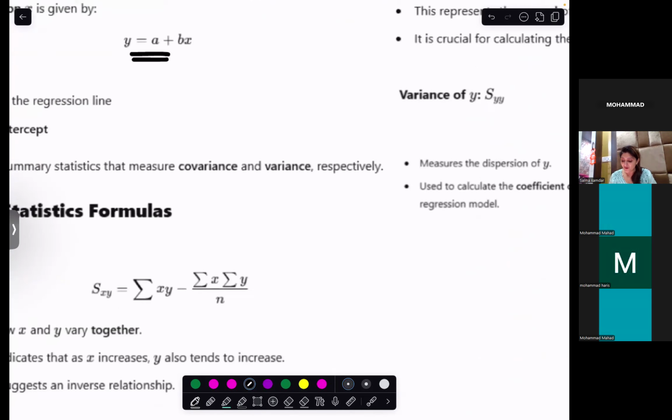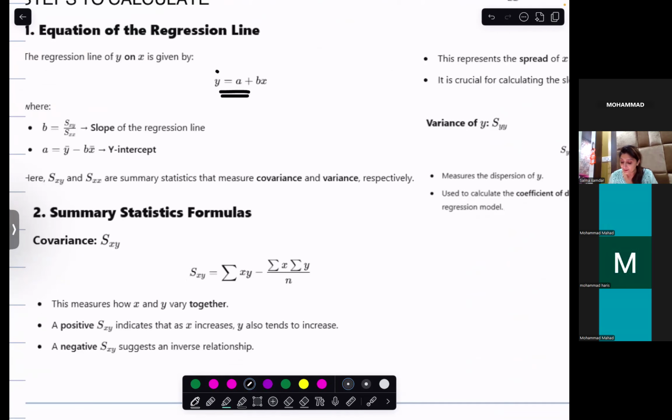That means I have to find the new a and new b. At least answer in yes or no so that I know I should proceed. I have to find new a and new b. And I know my regression line is an intersection of mean x and mean y.